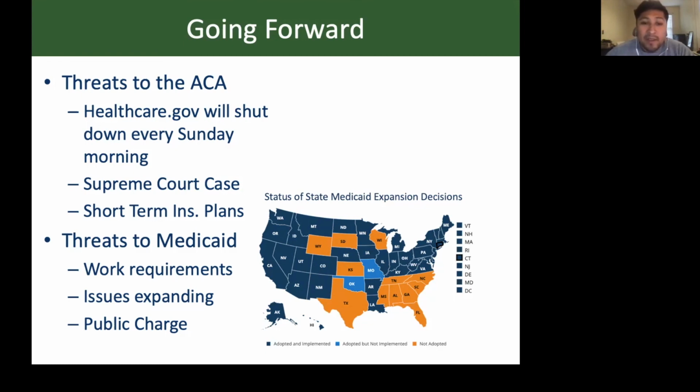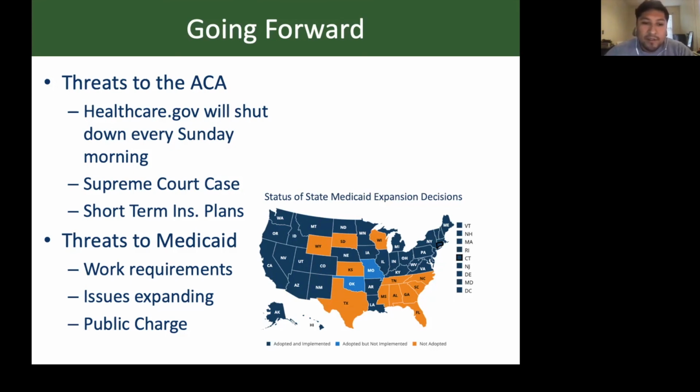But for example, if something comes up and you happen to need the thing that you left out, you would not be able to get back onto the marketplace or even start a marketplace application, because that would not qualify as a special enrollment situation. So again, we definitely encourage you to look closely at what those plans are. Make sure that they are qualifying health plans when you are discussing what the options are, even if you choose not to go through the ACA.